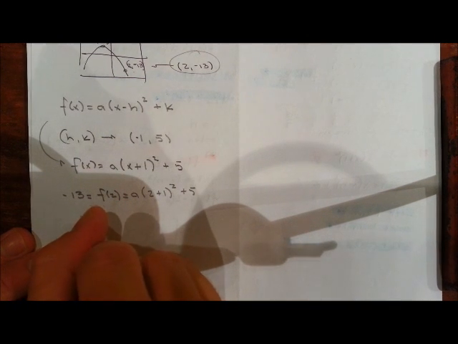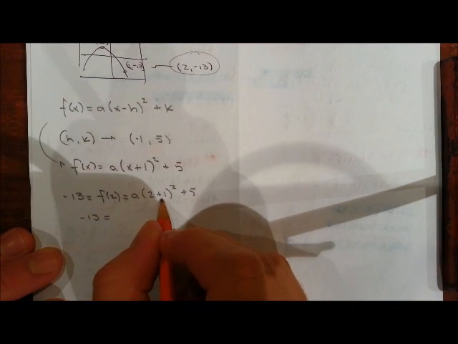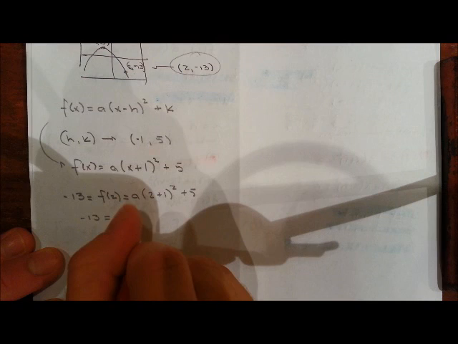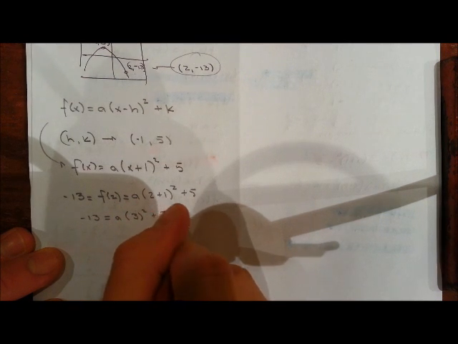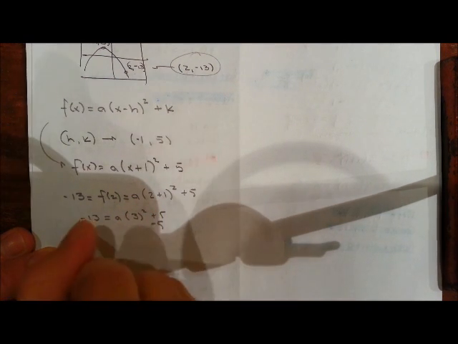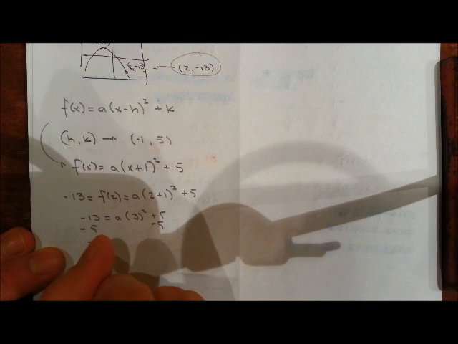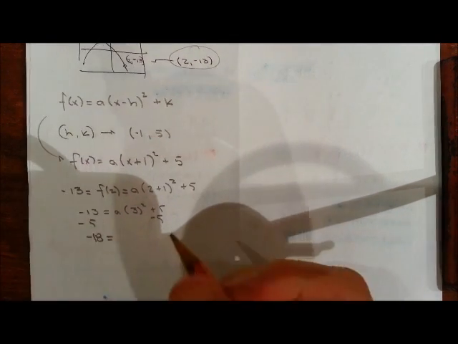And I'm just going to solve, so I have negative 13 equals, and this becomes 3 squared, so a times 3 squared plus 5. I'm going to subtract 5 to get negative 18. And this equals 9 times a, divide by 9, divide by 9. I get a equals negative 2.